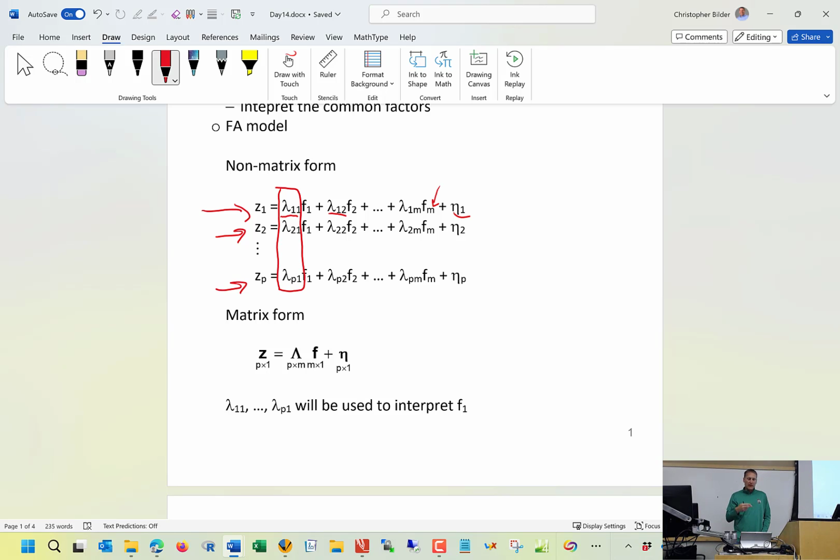And so, for example, let's say if lambda 11 was 1, lambda 21 was negative 1, and all the other lambdas corresponding to F1 were 0, then we would say, okay, what F1 is representing is essentially a comparison or a contrast between Z1 and Z2.